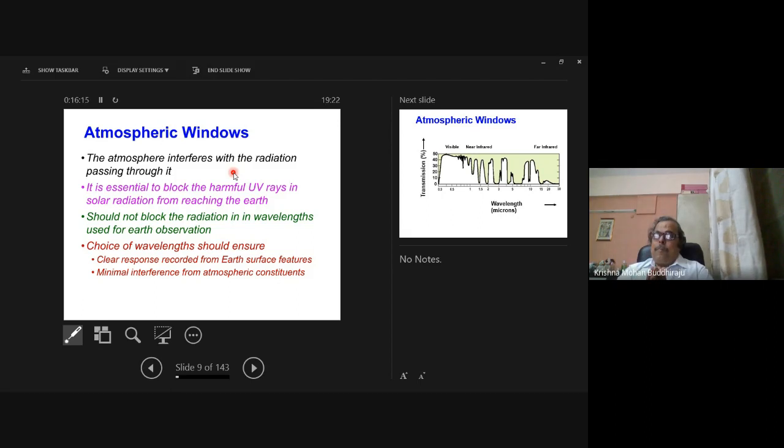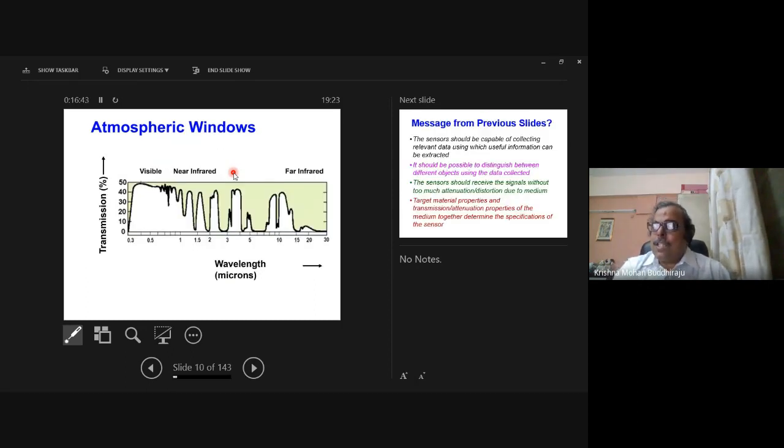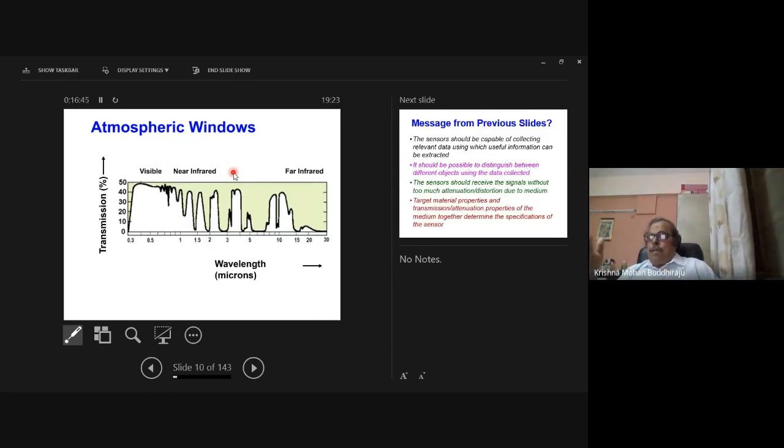At the same time, you should also ensure that whatever is getting reflected from the ground should reach the sensors which are up in space hundreds of kilometers above the Earth. So which are those wavelength bands where the atmosphere also cooperates? For which the atmospheric physicists, through many studies, had given us a transmission spectrum of the atmosphere.